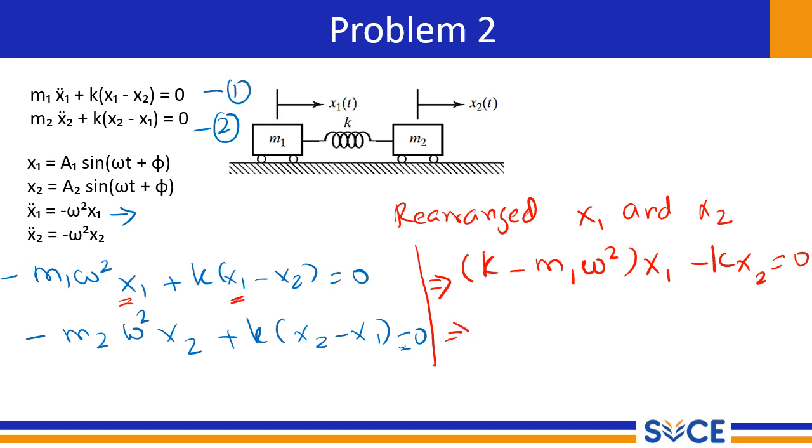Similarly, here it is minus k x1 plus (k minus m2 omega square) x2 equal to 0. In the next slide, we will solve this.